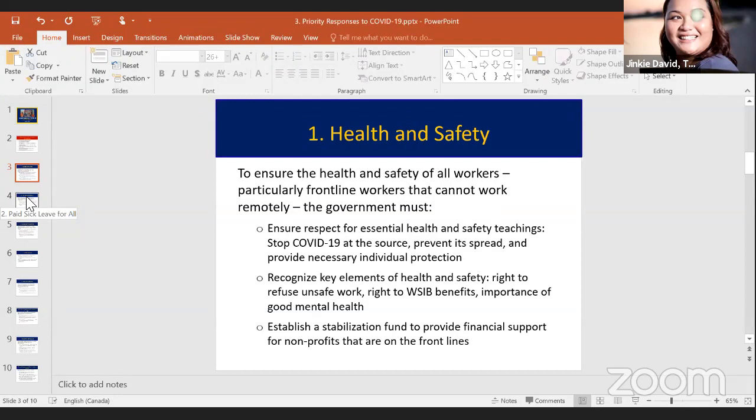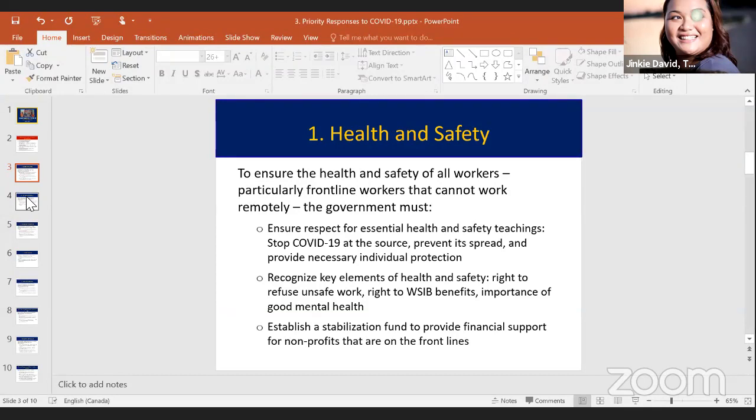Work closely with unions to provide accurate and timely information to employees about accessing benefits and support. Provide compassionate care and bereavement leave to support those employees, as well as mental health and counseling support.